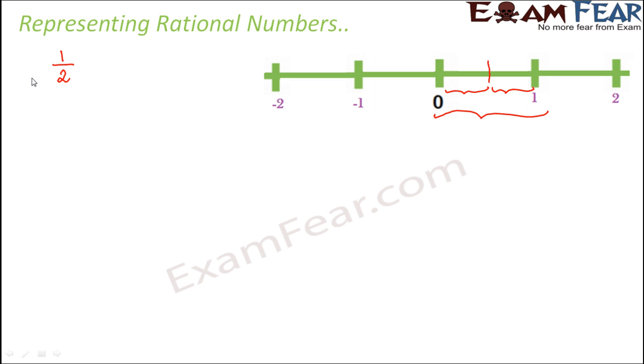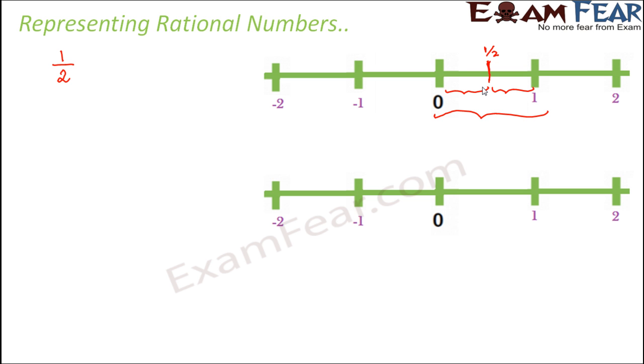Right? Now what is 1 by 2? 1 by 2 basically means 1 part out of 2 parts. So basically 1 by 2 would mean this point, because this point signifies 1 part out of 2 parts. So 1 by 2 lies exactly midway between 0 and 1.